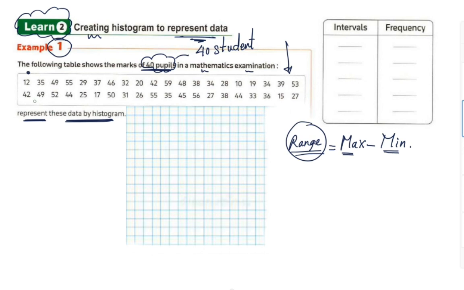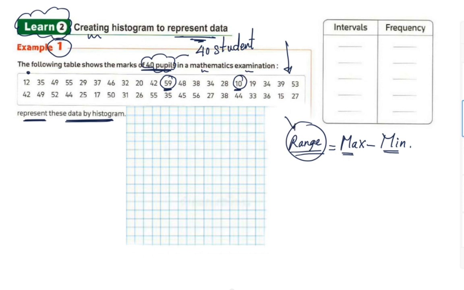If you look here, you find that 10 is the minimum. And what's the maximum? Where is the maximum? Yes, 59. Now I have two degrees, the maximum one and the minimum one.